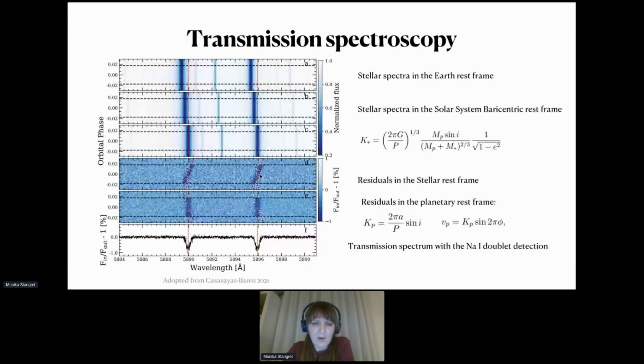And when we move to the planetary rest frame, we coadd all the spectra inside the transit, and we detect the signal from the atmosphere. We need to coadd all the data because we are working at almost zero level, so we need reasonable signal to noise to be able to detect it.